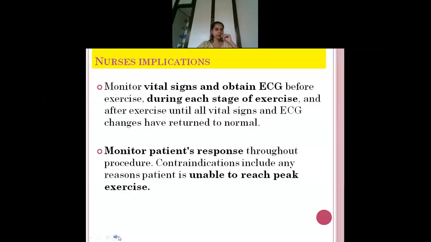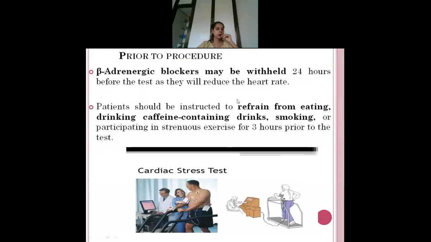Okay. Next is before the procedure, what and all care has to be done. That is pre-procedure care. So before the procedure, commonly the person will be stopped with the beta adrenergic blockers. These beta blockers are most of the time stopped or withheld at least 24 hours before the procedure, because they tend to reduce the heart rate.